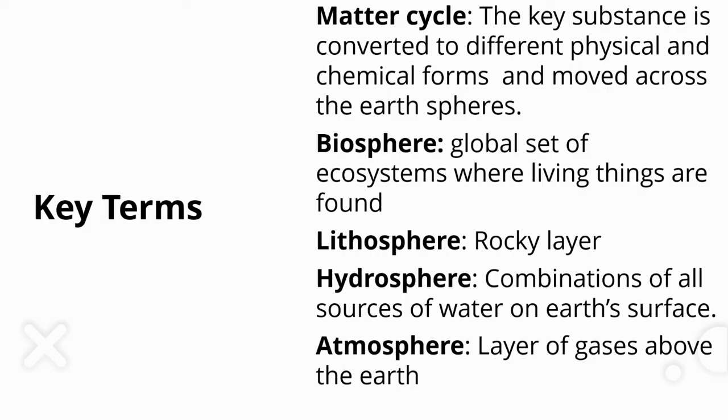So you will be introduced with these terms here. Number one is matter cycle. Matter cycle means the key substance is converted to different physical and chemical forms and moved across the earth spheres.